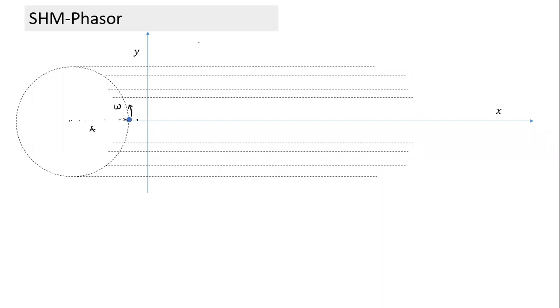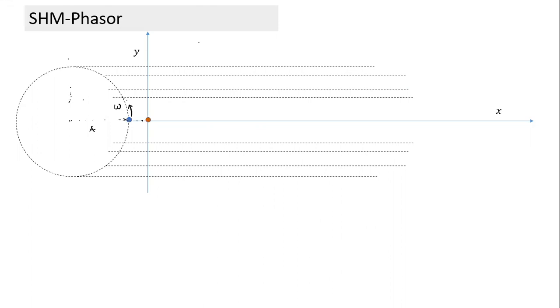And how is the phase angle measured? Phase angle is measured with reference to the x-axis in the anti-clockwise direction, 0 to 360, or you can express it as a minus angle also. We can take projection on any diameter, and it will be SHM. But with the phasor convention, we take its projection on the diameter along the y-axis, or the y coordinate of the particle undergoing SHM.